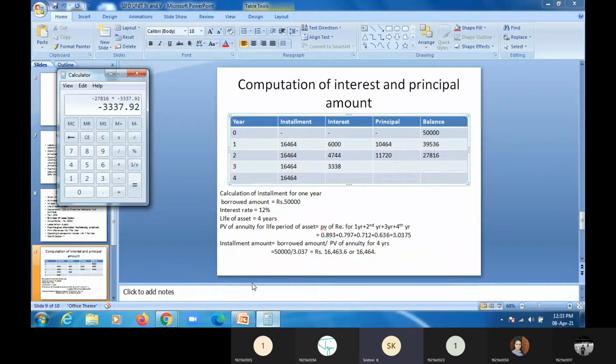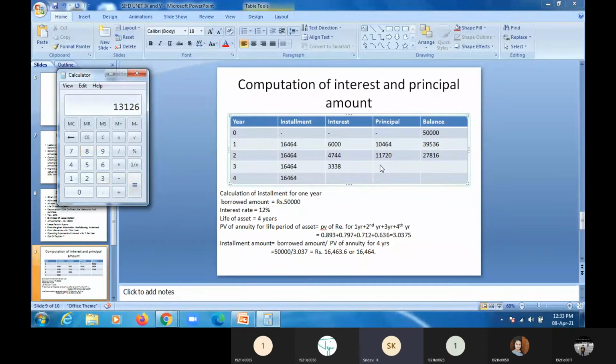This amount is deducted from 16,464: 16,464 minus 3,338.